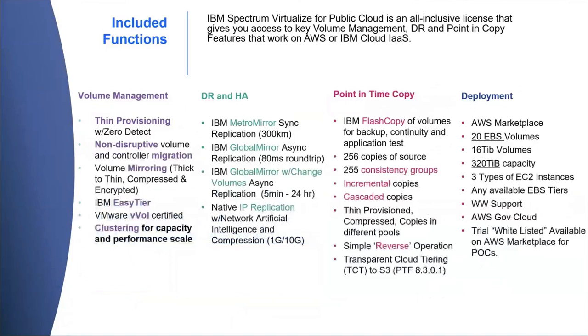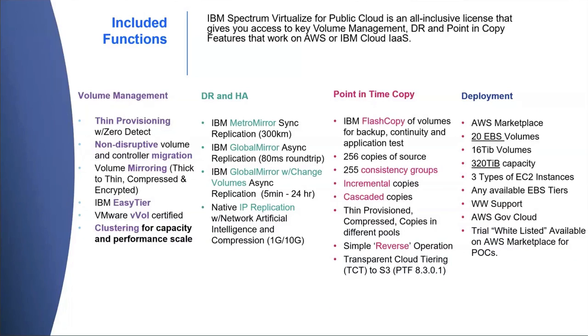Okay, next page, Tim. The features provided in Spectrum Virtualize for Public Cloud are all-inclusive. In other words, the license includes all the functions and features that you've come to expect on premises, from volume management to DR and HA.